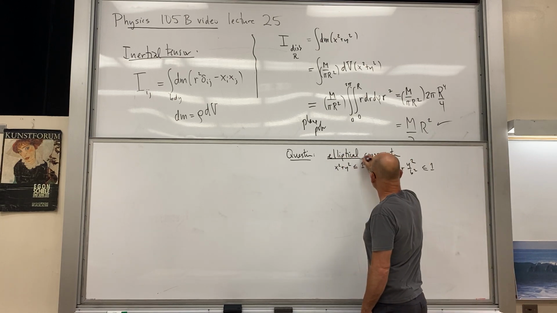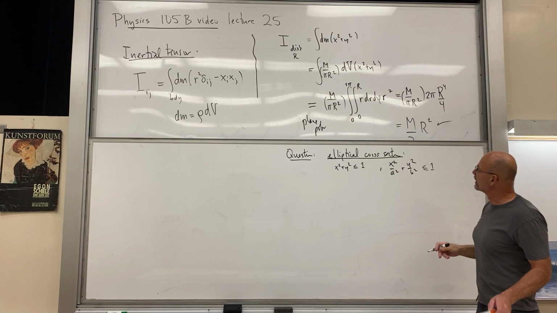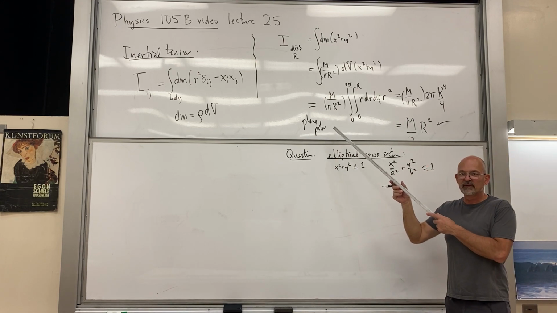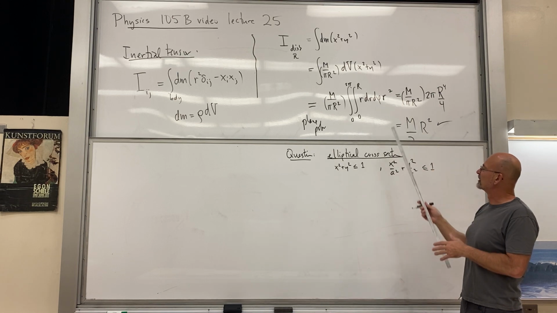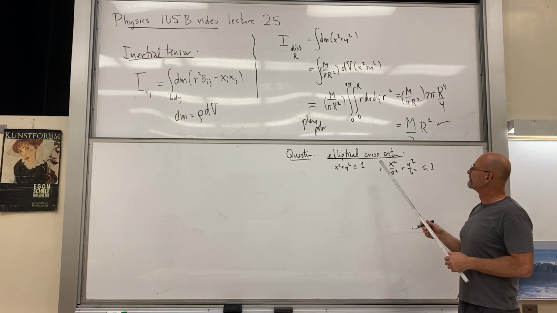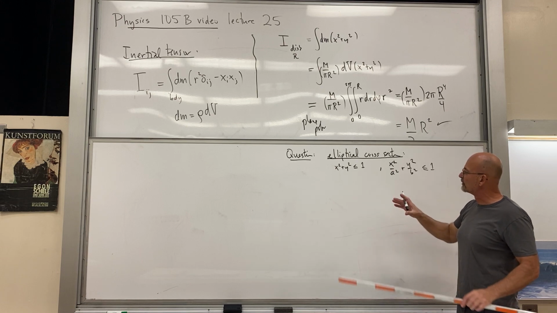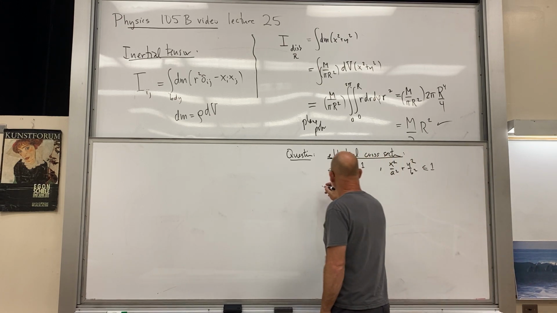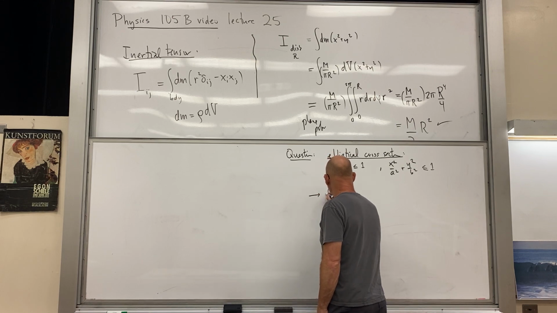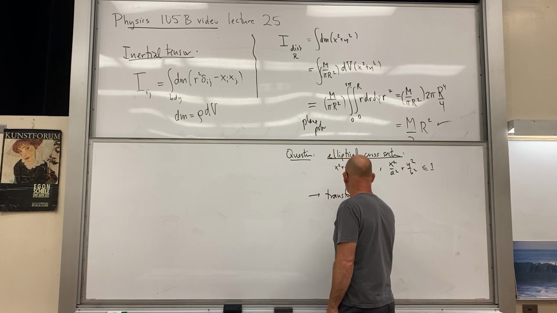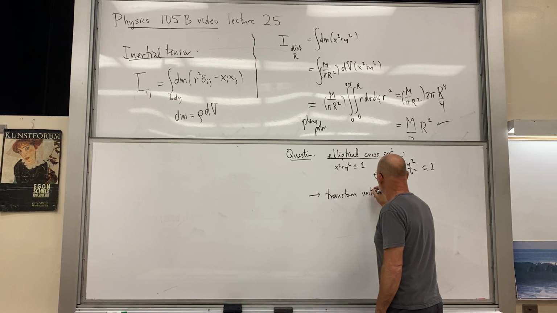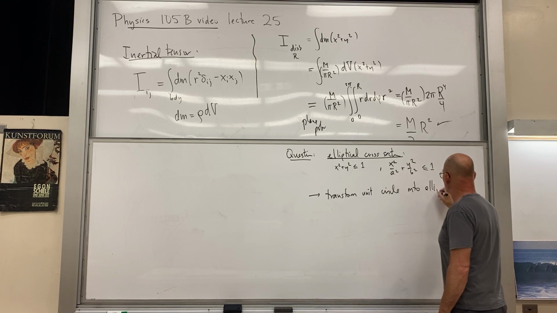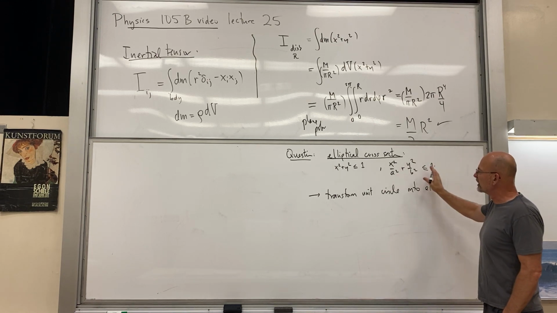So the elliptical cross-section, it turns out we're going to be able to make a transformation from integral over plane polar coordinates that will transform the unit circle onto the ellipse. Okay, so that's what we're going to do.